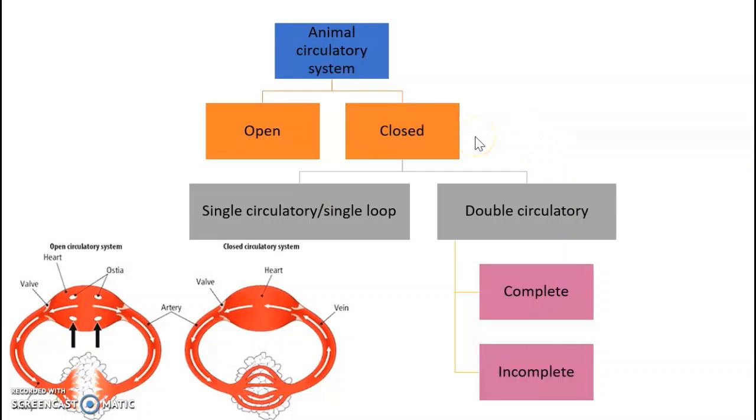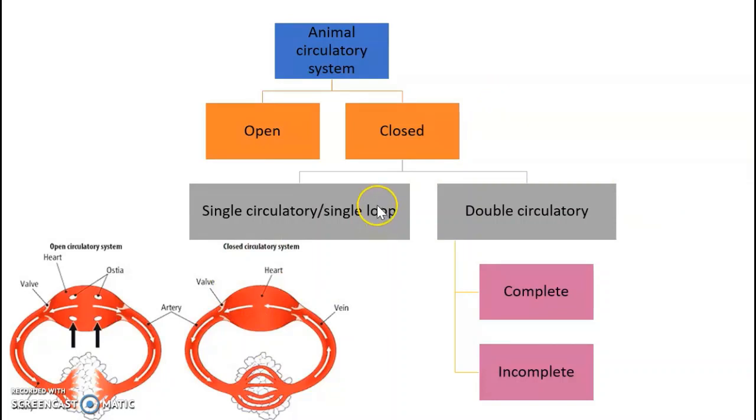Closed circulatory system in animal could be further divided into two. The first is single circulatory system and the second is double circulatory system.